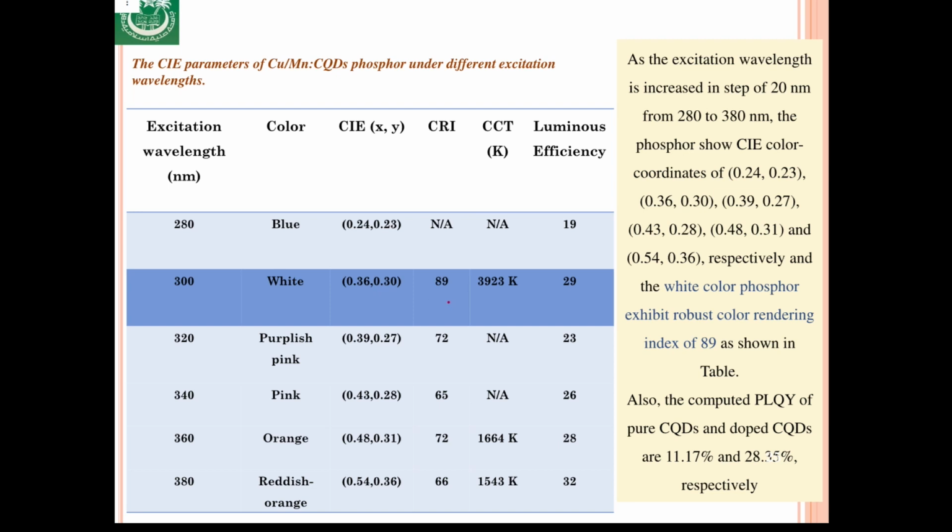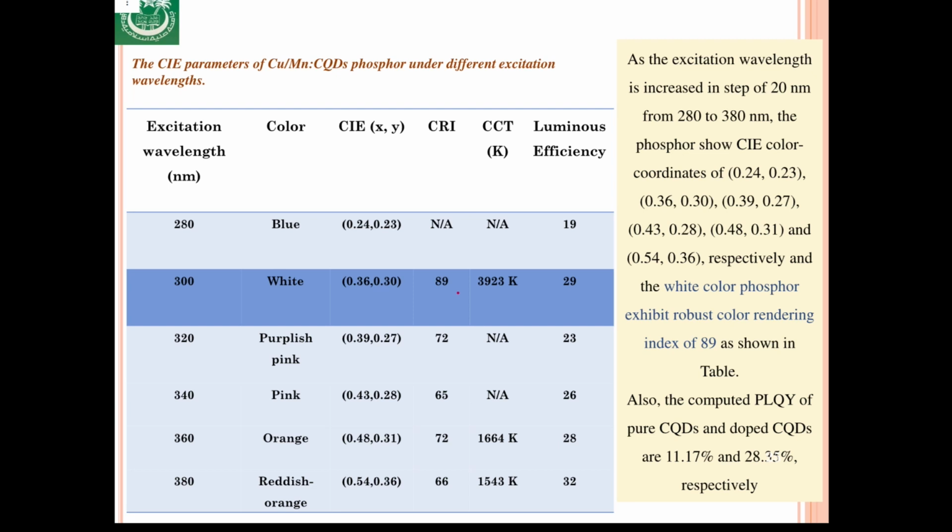The color rendering index for these doped carbon quantum dots, when excited with 300 nanometer wavelength light, is found to be 89, which is close to the required minimum value of 90 CRI, color rendering index.